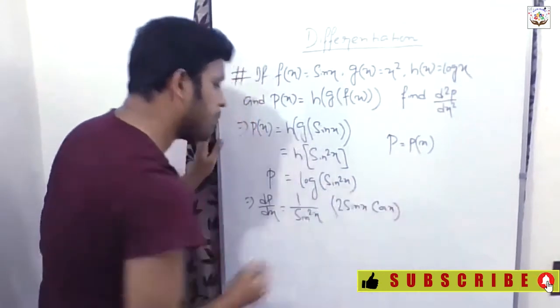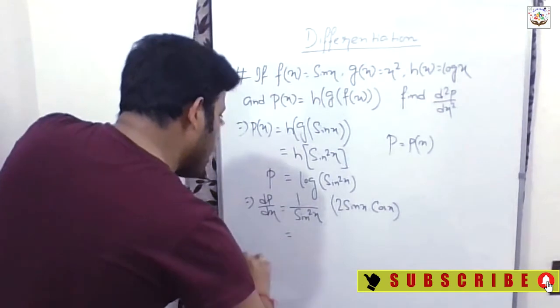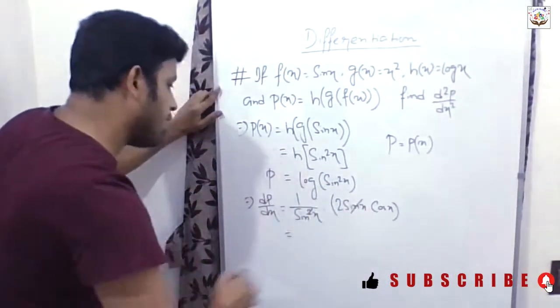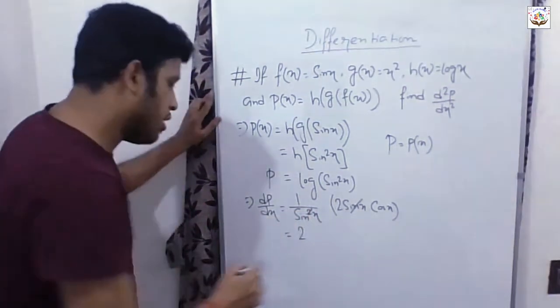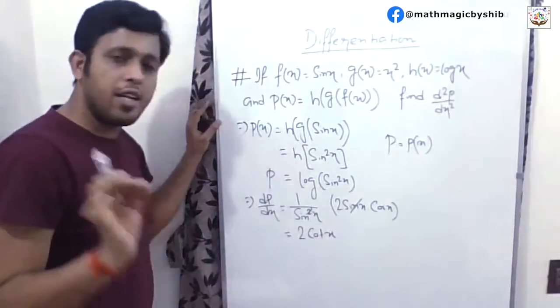Right? So now if we cancel out one sin from the denominator with this sin, we will get 2 into cos x by sin x. So that means 2 into cot x. So this is our dp dx.